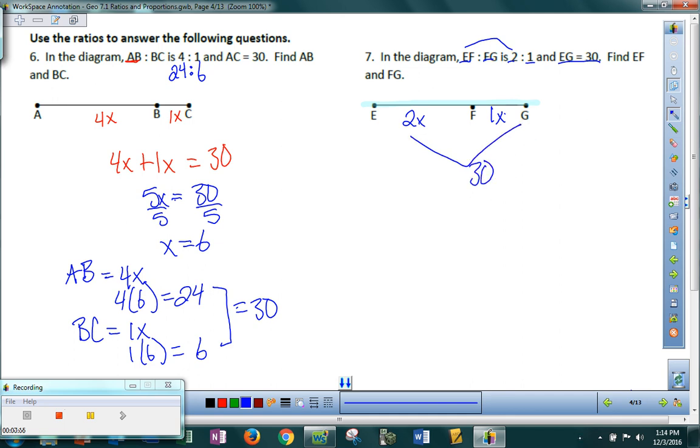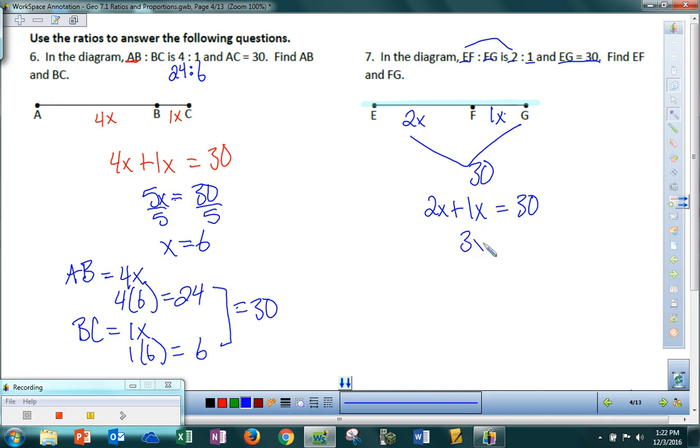So if we want to set up an equation just like before, we will say 2x plus 1x equals 30, which is just 3x equals 30. Divide by 3 on both sides, x equals 10. That is the factor that the 2 and the 1 have been multiplied by.